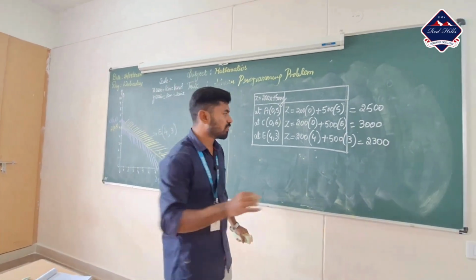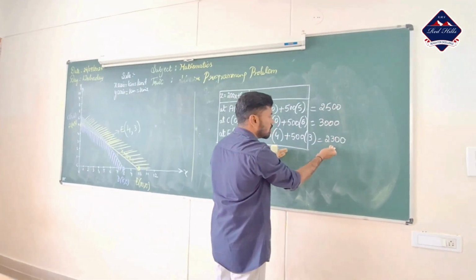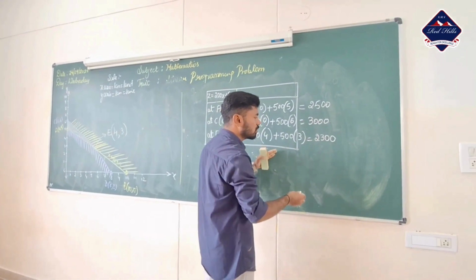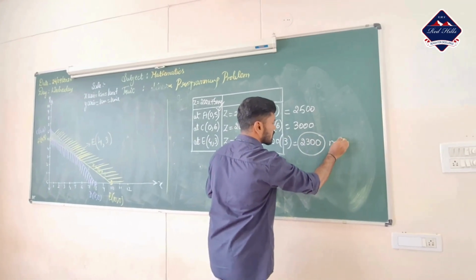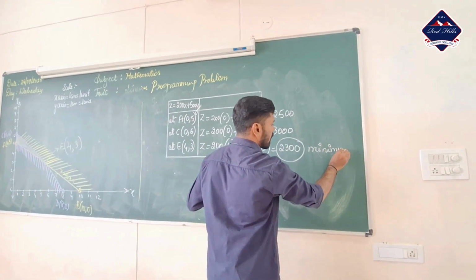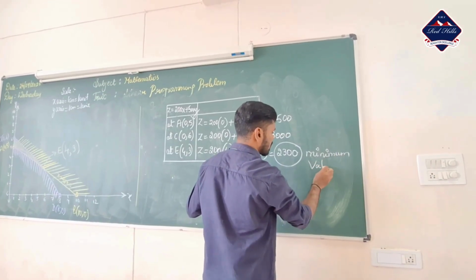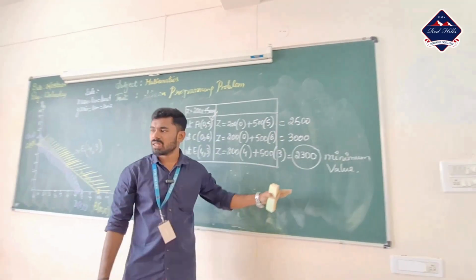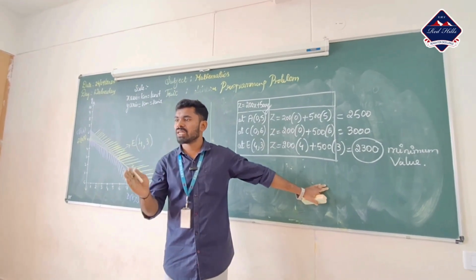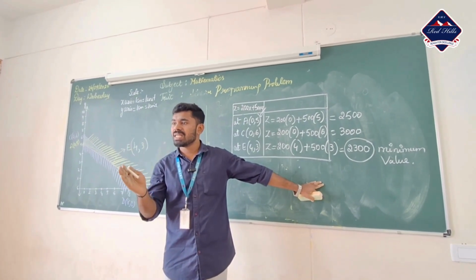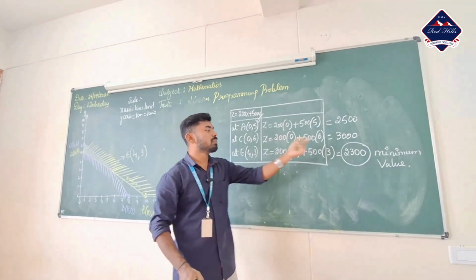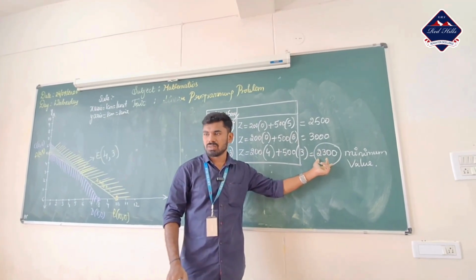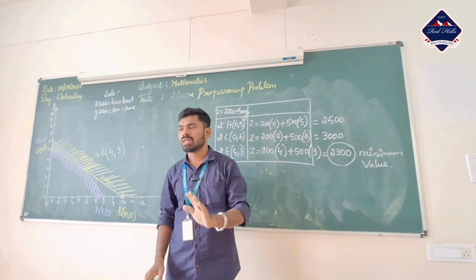Minimize. So you need to find out among these three values which is the minimum value. 2300. So this is the minimum value of z. Everybody understood? So therefore, what we can tell finally is z is minimized at (4, 3) and the minimum value is 2300. Everybody understood, children?